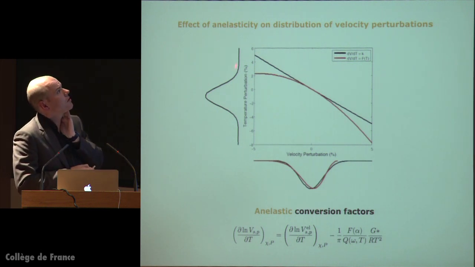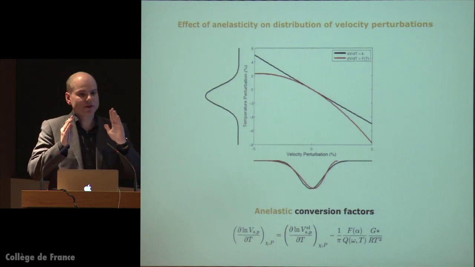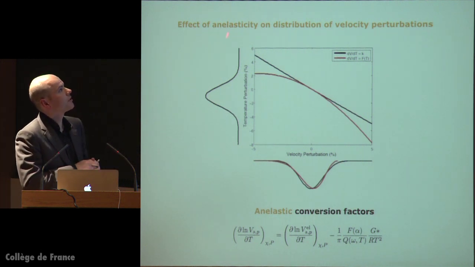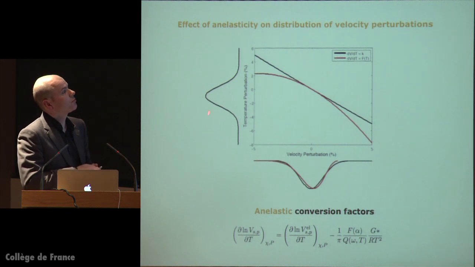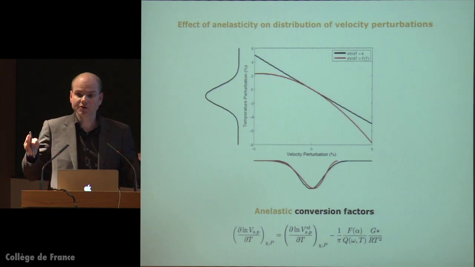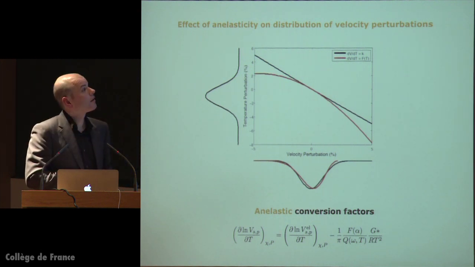So assume a perfectly symmetric normal distribution of temperature perturbations, and then if you use the elastic hypothesis, so the k is equal to a constant, then we will get again a normal distribution of velocity anomalies.